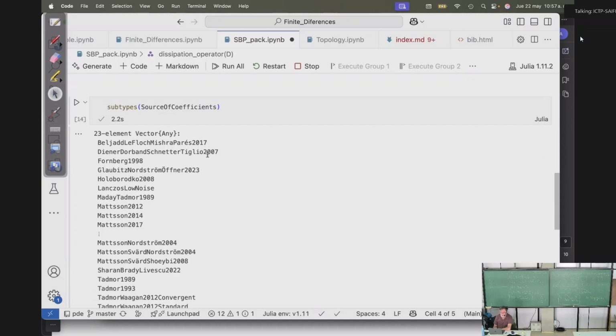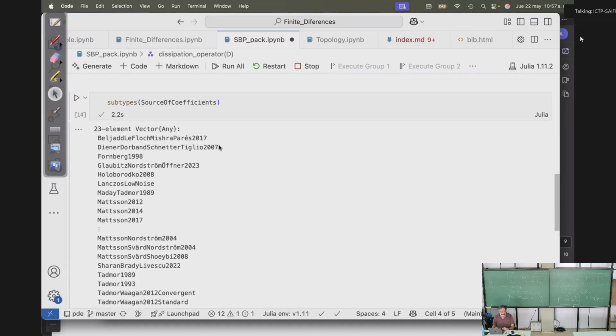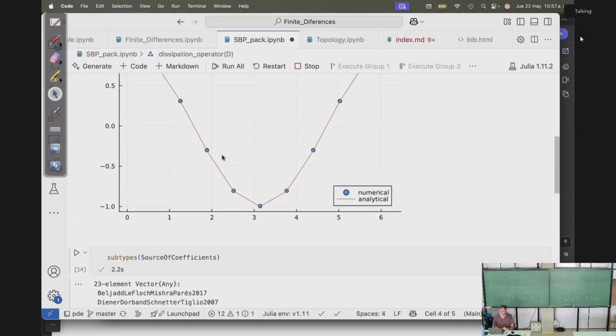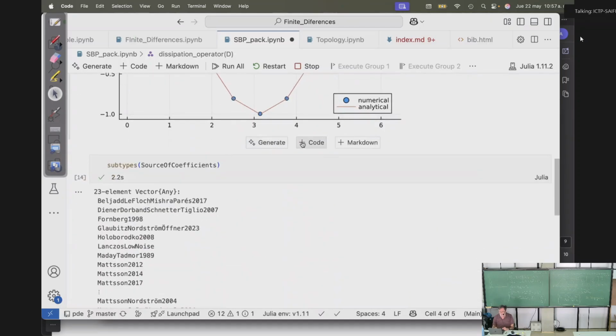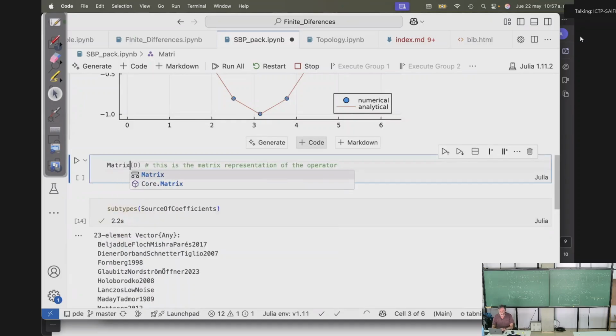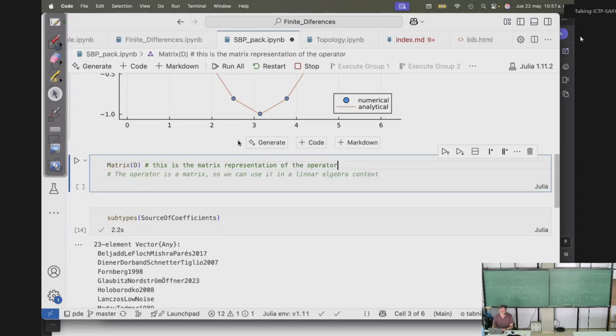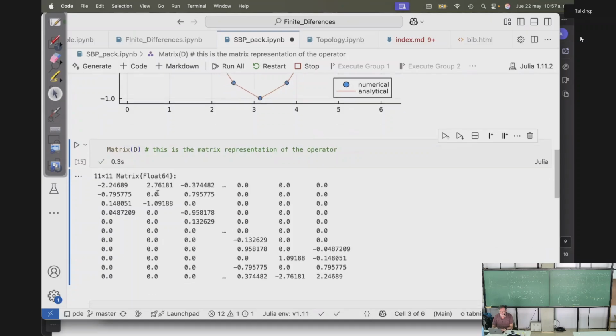The first ones that people started looking at were getting these coefficients, minimizing the error, not the stencil, that is, the amount of points. They were the first to say, okay, why don't we do that? And so they created these operators. So you can see the matrices. If you want to see the matrix, you do matrix D, and you have the matrix here.